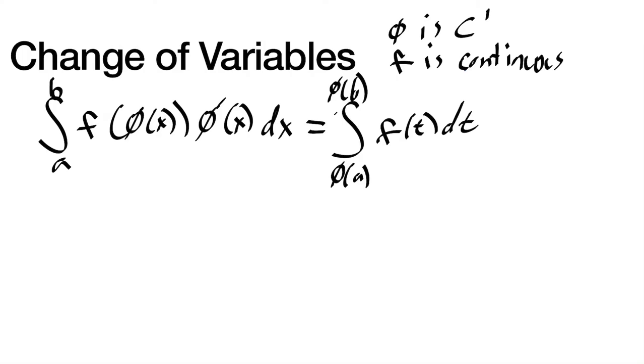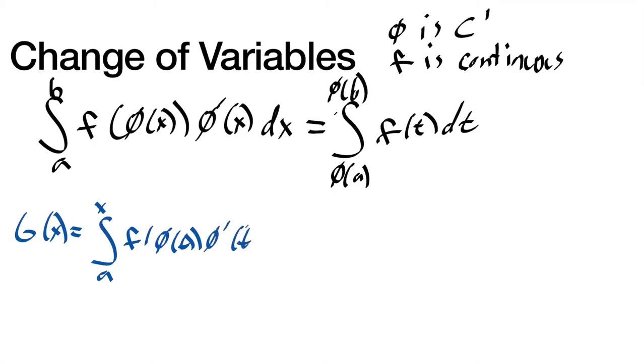Okay. So the big part of this proof is just looking at each side of the equation and then taking a derivative of it. But to do that, we need to think of each side as a function. So for the left-hand side, we will think of that as the function g of x, which is going to be the integral from a to x of f of phi of t, phi prime of t dt.